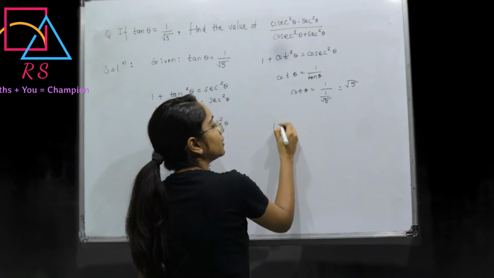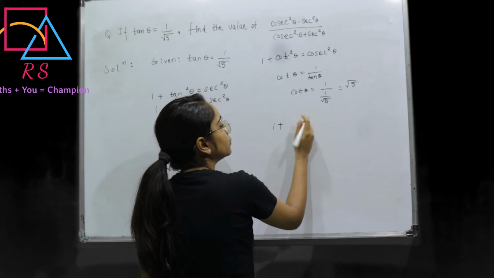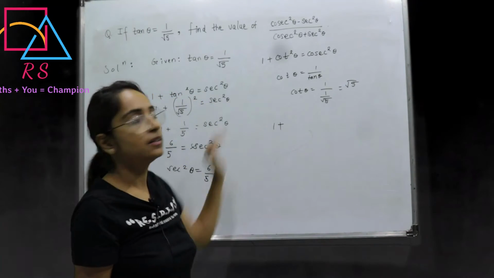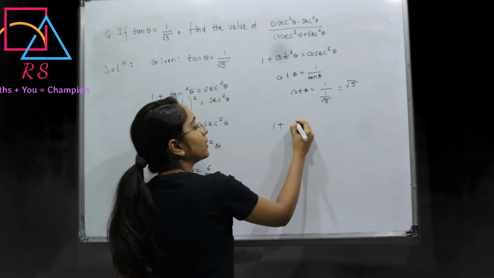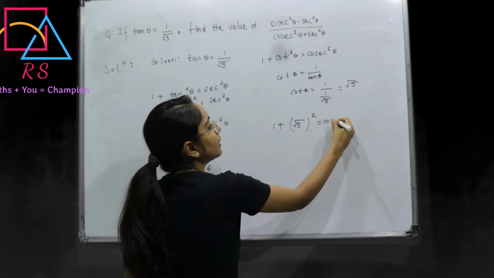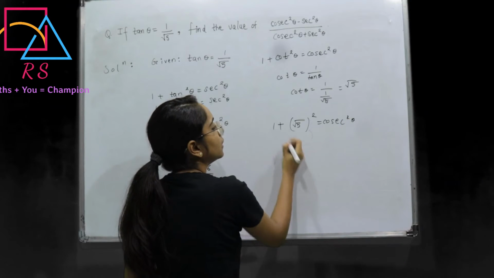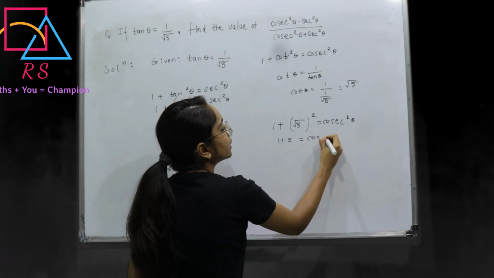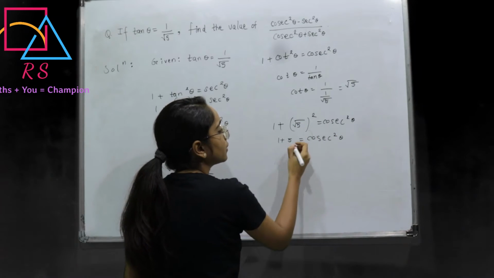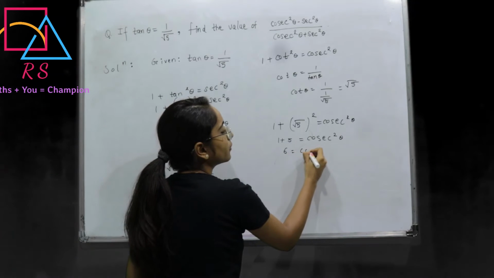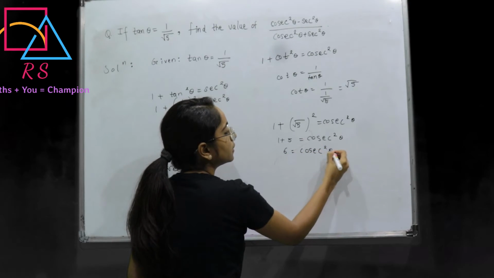I'll substitute the value in the third identity to find the value of cosec square theta: 1 plus cot square theta, where cot theta is root 5. After solving, the square of root 5 is 5, and 1 plus 5 is 6, which is equal to cosec square theta.